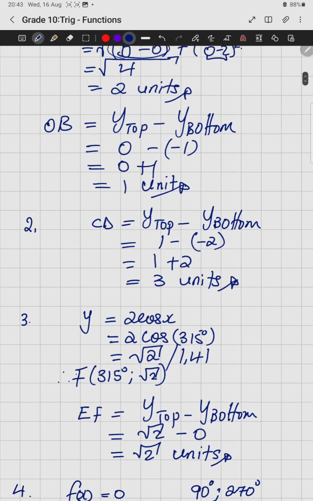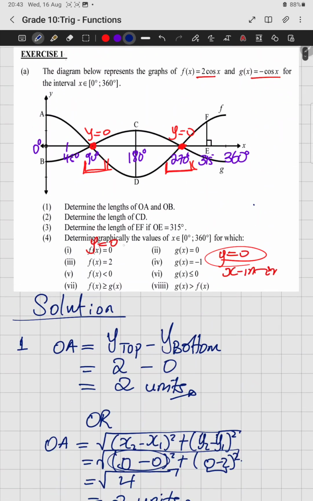Okay, now let's check the second part. In the second part, all is the same, but now we're looking for g when g of x is equal to 0. That means still we're looking for the x-intercept.